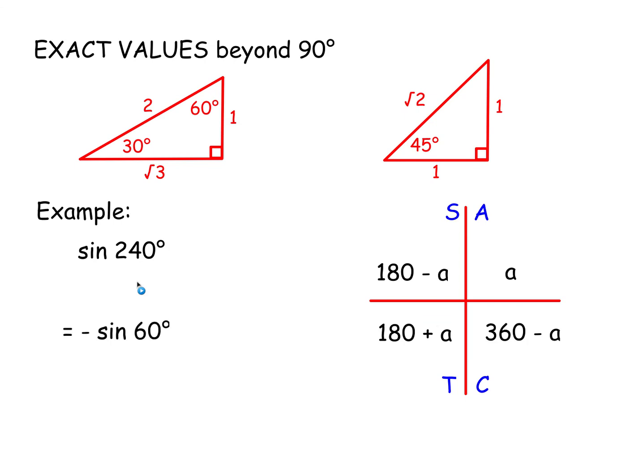But is it positive or negative? Well, it's negative because it's in this third quadrant where it says T, tangent's positive. So it's negative sine 60. Exact value of sine 60, if you go to the triangle, sine is opposite root 3 over hypotenuse 2. And that becomes negative root 3 over 2.